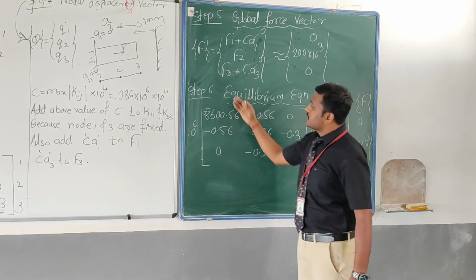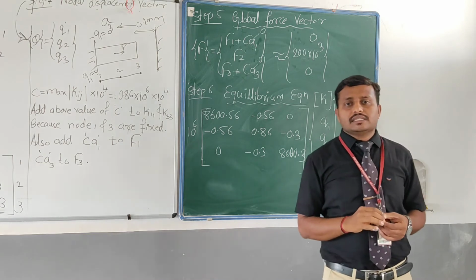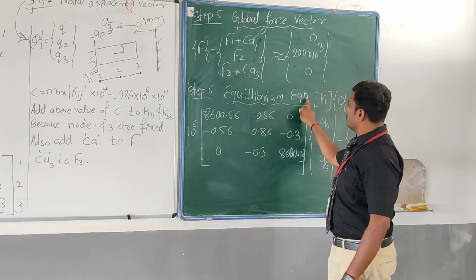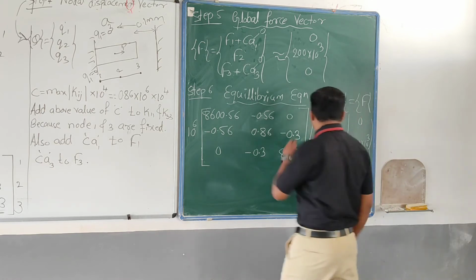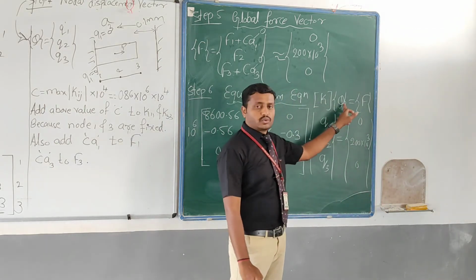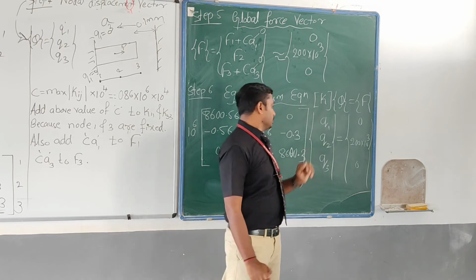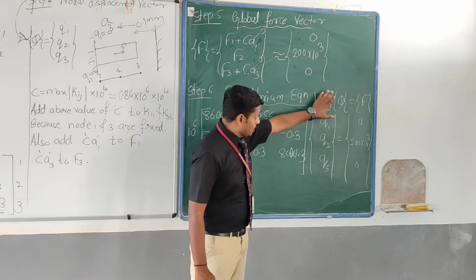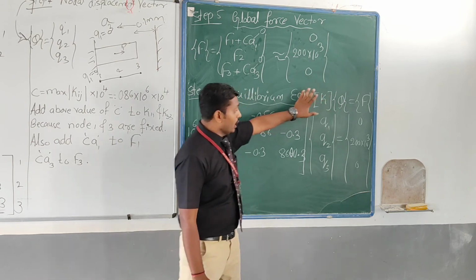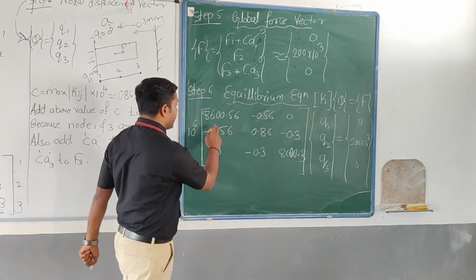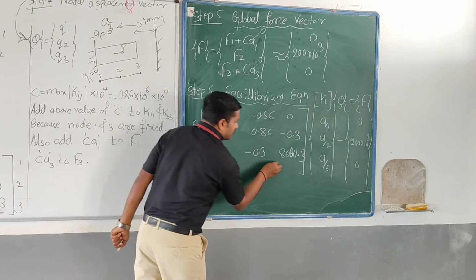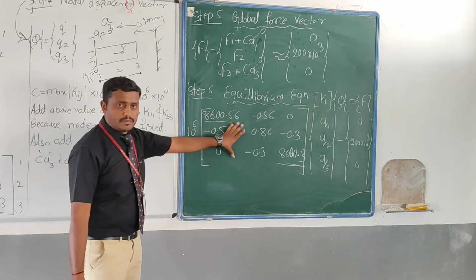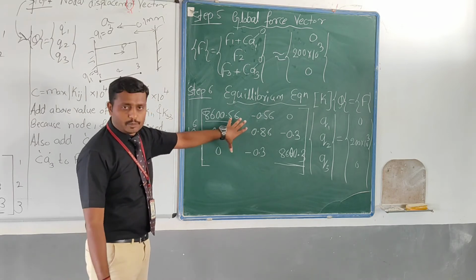Next is step number 6, that is the equilibrium equation. This remains the same. K into Q equal to F. K is nothing but the global stiffness matrix. We have added a penalty term here. After adding the penalty term, see how this term changes compared to the previous global stiffness matrix because of the penalty approach.